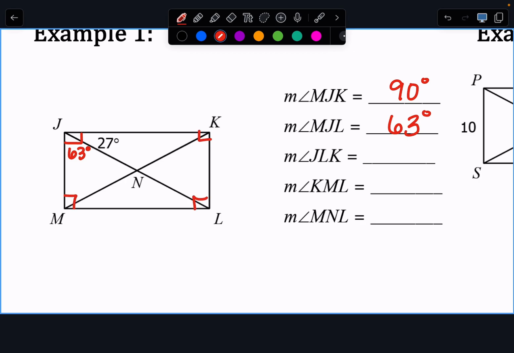So we're looking for this angle right here, okay? So a couple different ways. I can think of this right triangle, or I can think of parallel line, transversal, parallel line, and I have alternate interior angles, okay? So we know that that's, yes, 63 degrees. What about KML?